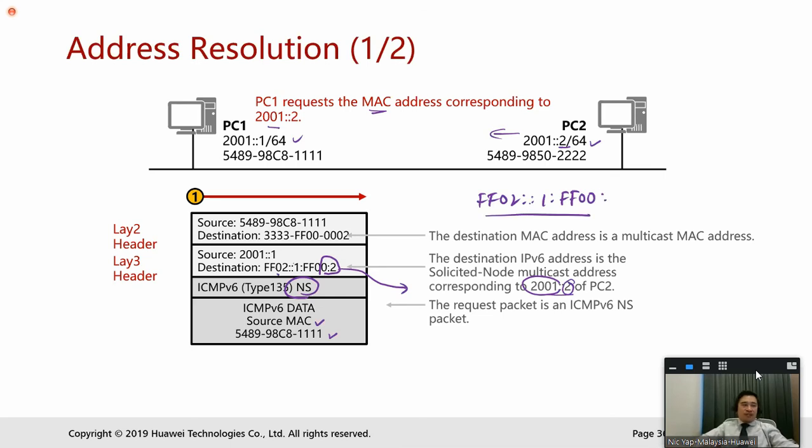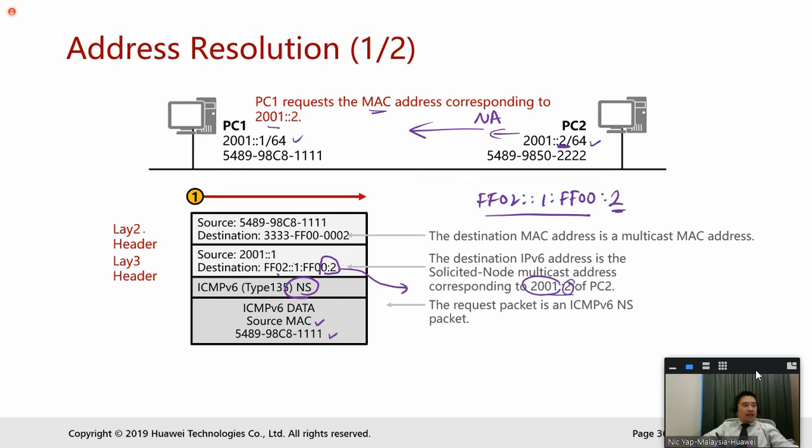This is called the solicited-node multicast address. Behind it, I just add the last part of your interface address, the 2. Then I send this as a multicast only to PC2, and PC2 responds back to me by sending the NA to tell me this is your MAC address.